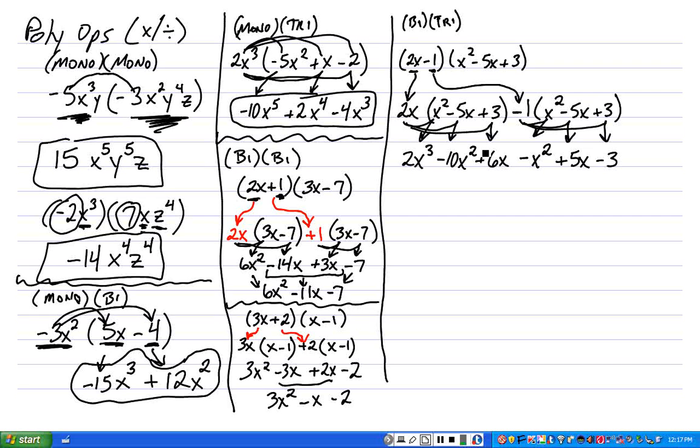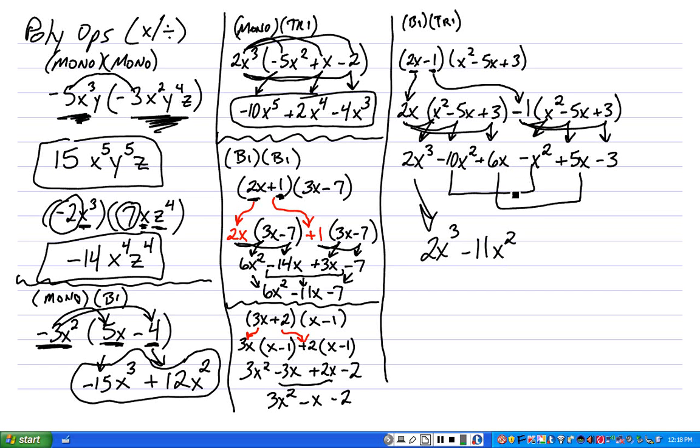So once again, once we multiply everything out, we want to try to combine like terms. I see I have an x squared and an x squared here. I have an x and an x here. So I'm going to combine. Bring this down: 2x to the third. Negative 10x squared minus 1x squared. Negative 10 minus 1 is a negative 11x squared.